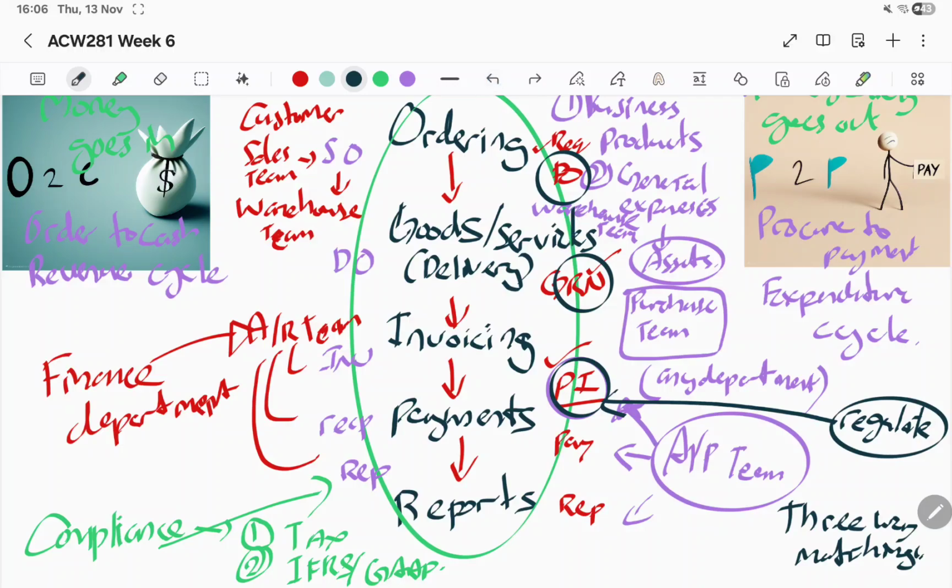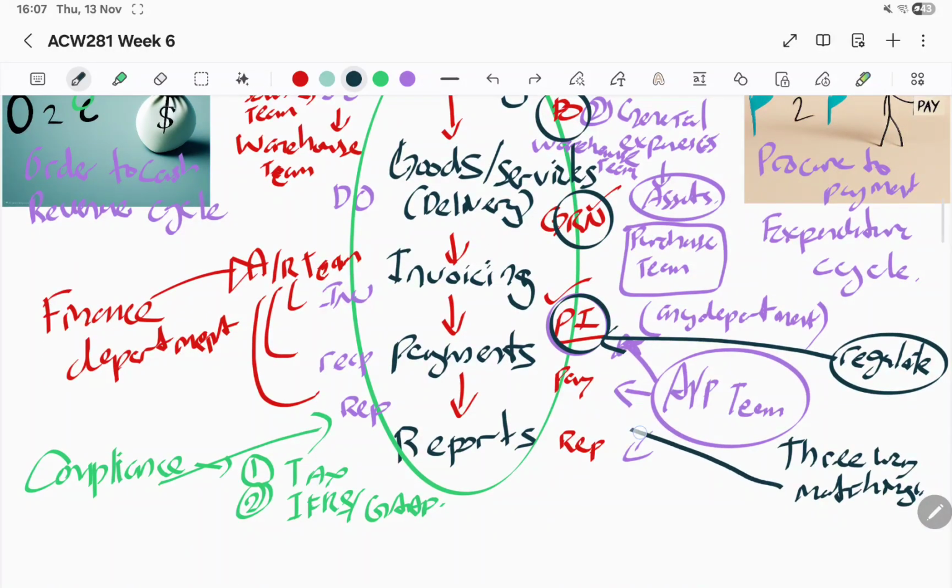Let's just go back. You're going to match the purchase invoice with the purchase order. You're going to match with the goods receipt notes. Then only after that you do the payment. You understand? You put steps into your control, into your process.